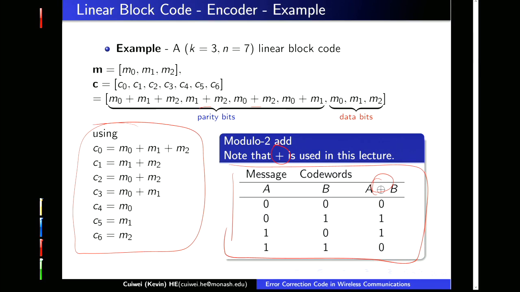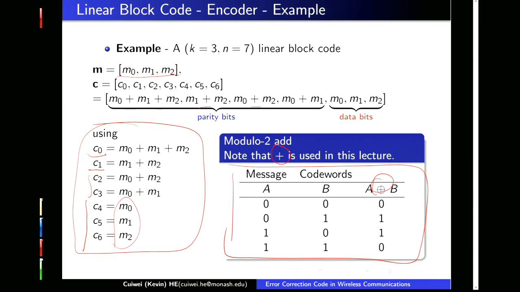For instance, the first bit in the code word is the sum of all the bits in the sequence, which is M0 plus M1 plus M2. The second code word bit is M1 plus M2, and this is how we calculate the third and fourth. More interesting, we see the last 3 bits, C4, C5, C6, are nothing but an exact copy of the message sequence.